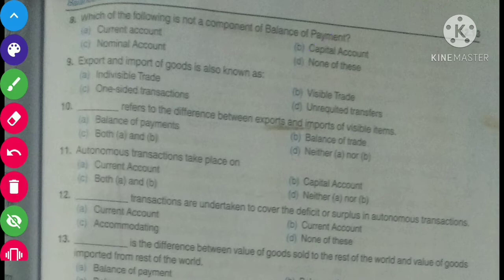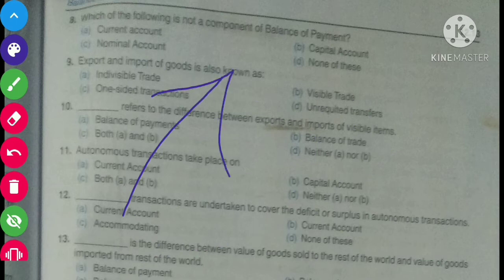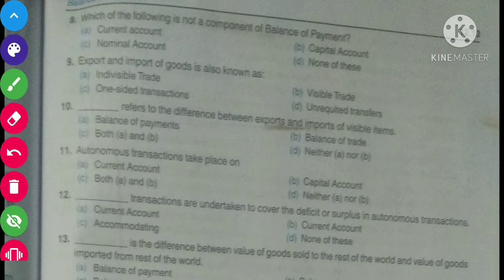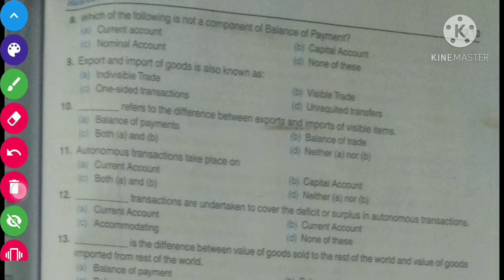When there is inflow of foreign exchange to our country, it is recorded on credit side, and when there is outflow of foreign currency or foreign exchange, it is recorded on debit side of BOP. And all transactions between rest of the world and our country are in foreign exchange or foreign currency. All economic transactions are made through foreign currency.